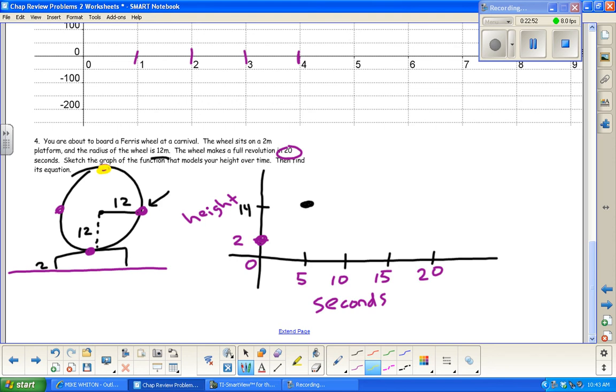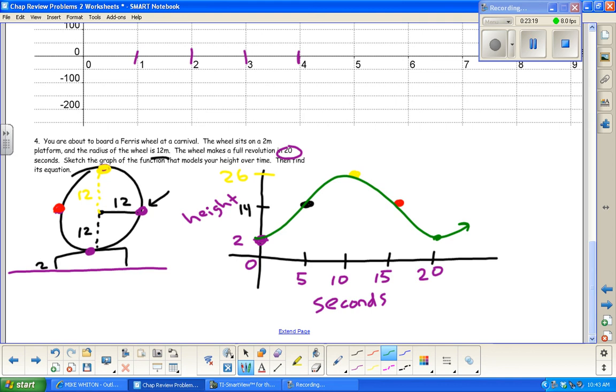We're at 12 plus another 12, 24, plus the platform, we're up at 26. And then we start to come back down, we're at 14 again. And at 20 seconds we're back at 2 where we started, and we repeat the ride. So that would be our height over time here.